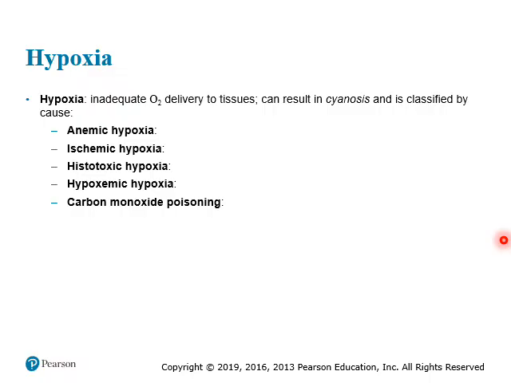Hemoglobin has 200 times greater affinity for carbon monoxide than oxygen. Sadly, that's how carbon monoxide would kill us.